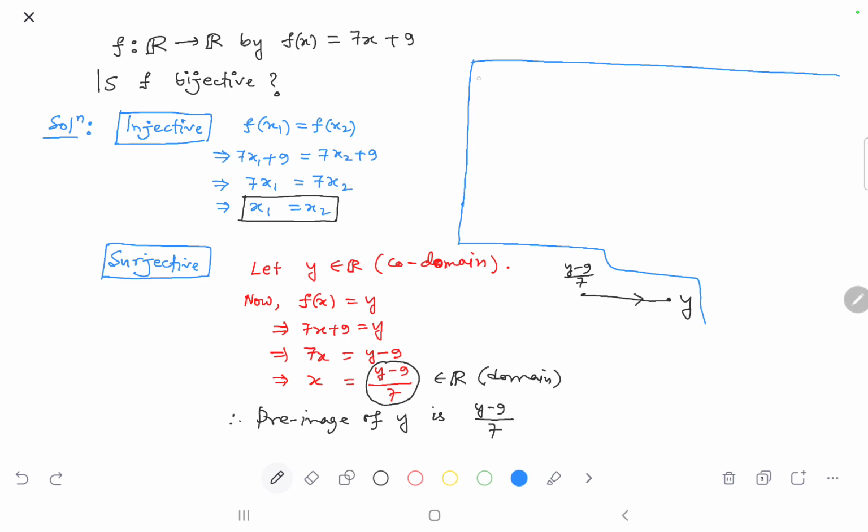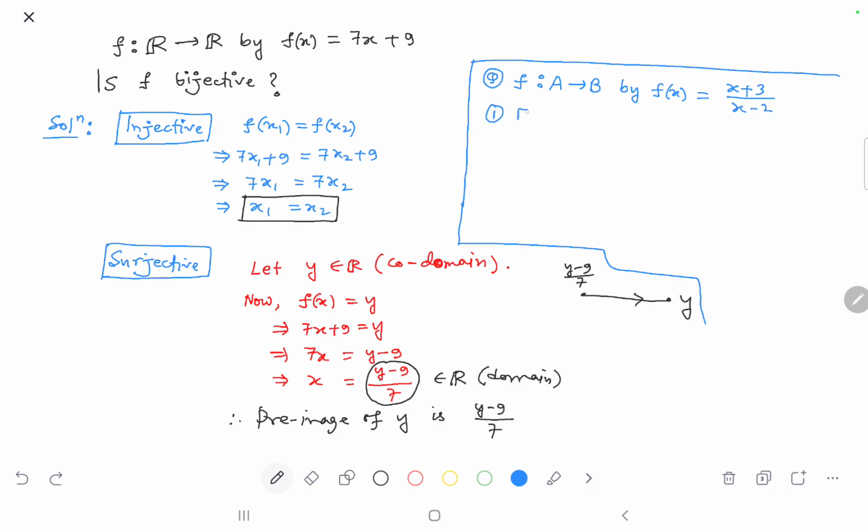Right, so let me write down the question here. f from A to B, where A and B are subsets of R, f(x) equals (x plus 3) divided by (x minus 2).